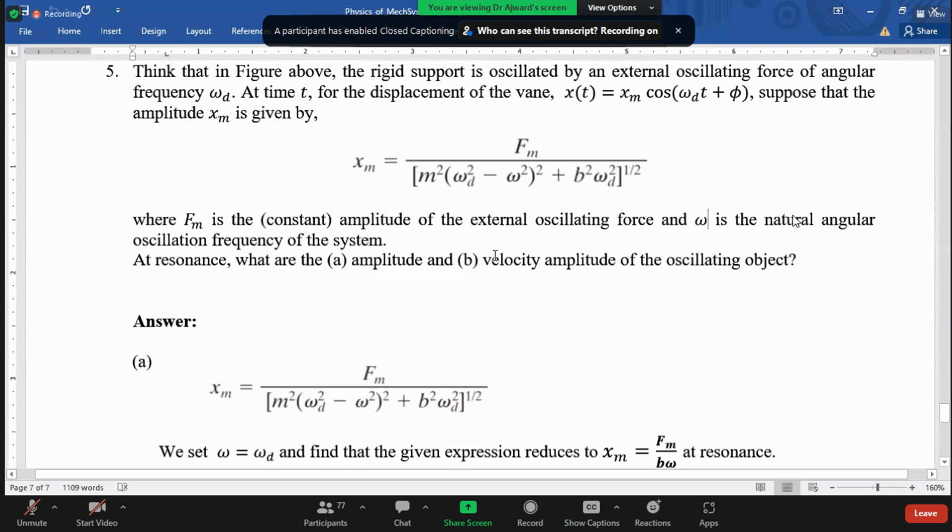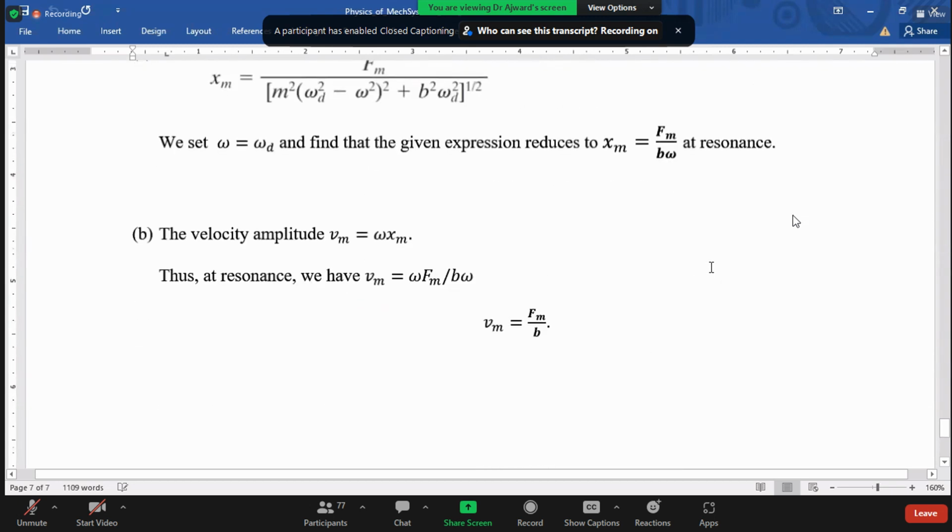And part B, the velocity amplitude of the oscillating object. That one also you can simply get using the formula. You know what the amplitude is, and omega cancels, and you get the velocity amplitude by this formula.